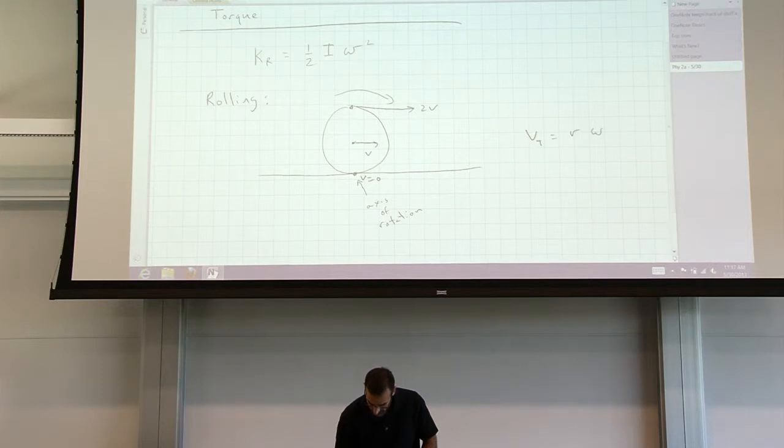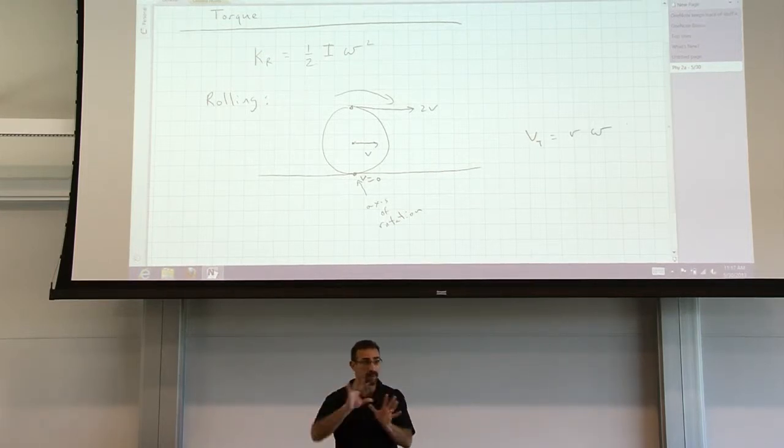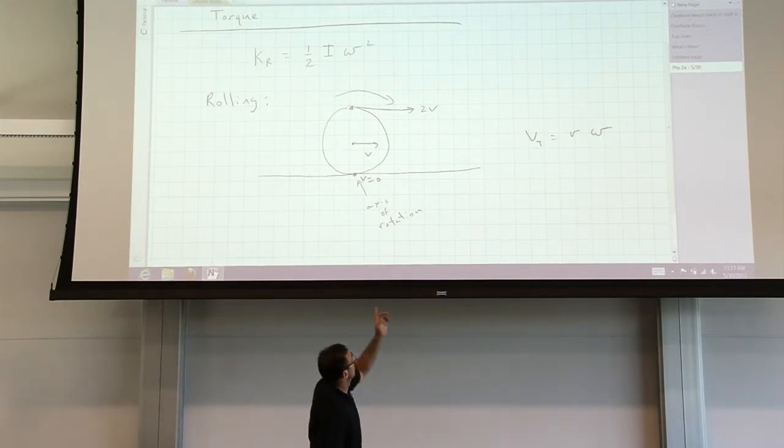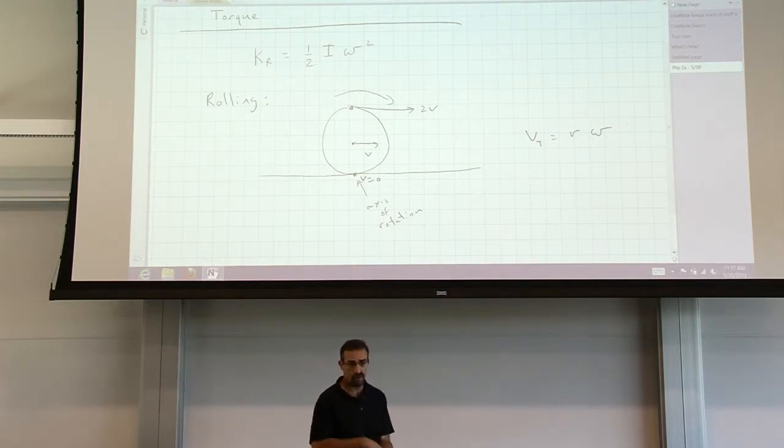It's r times omega, right? So every point on a rigid object has the same omega. If we're only a distance r away from the axis of rotation, the tangential velocity is r omega. If we're 2r away from the axis of rotation, the tangential velocity is twice as much, okay? So that's what's really happening when something is rolling.